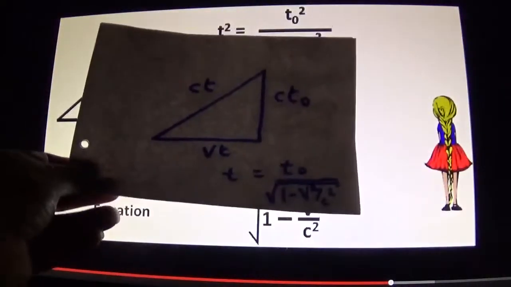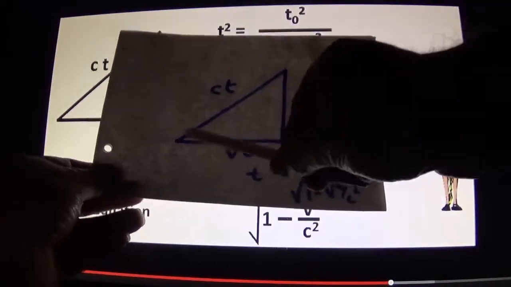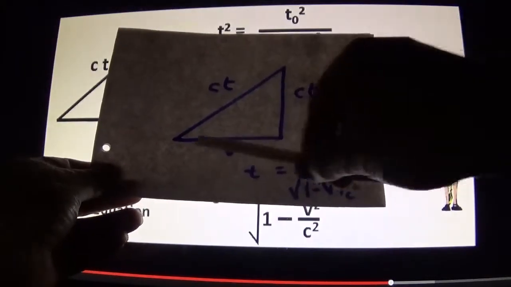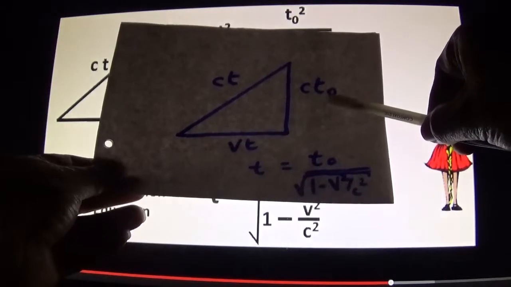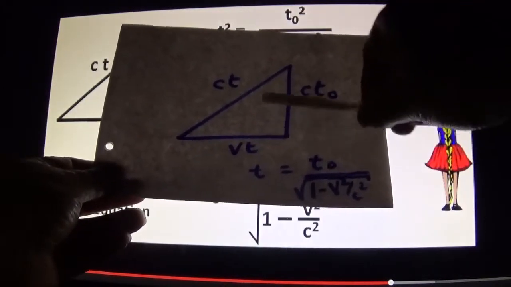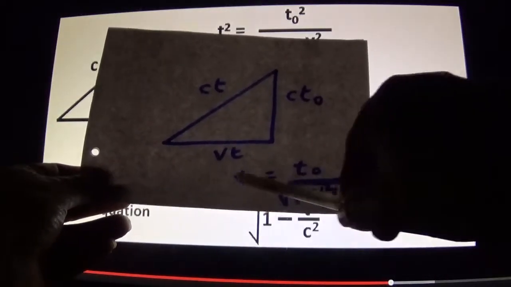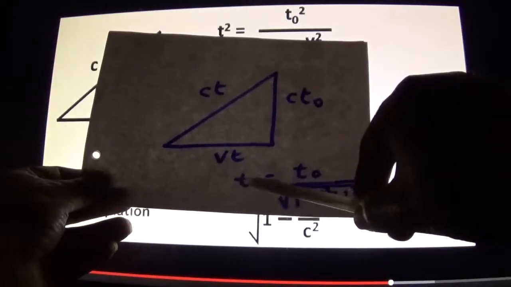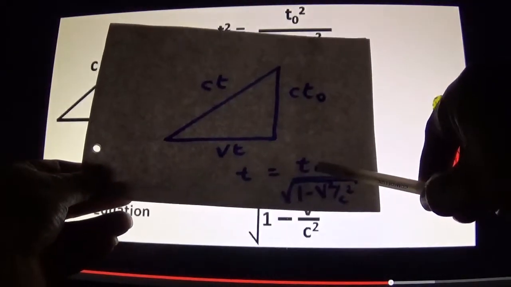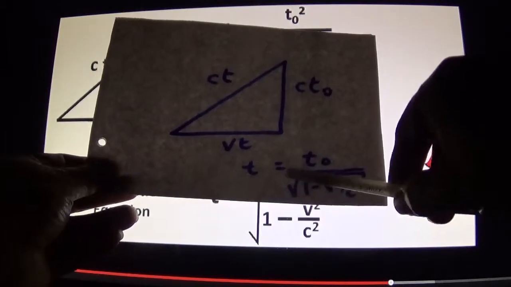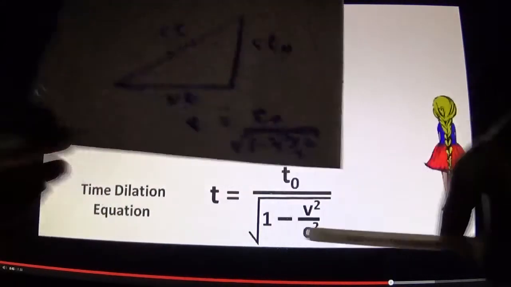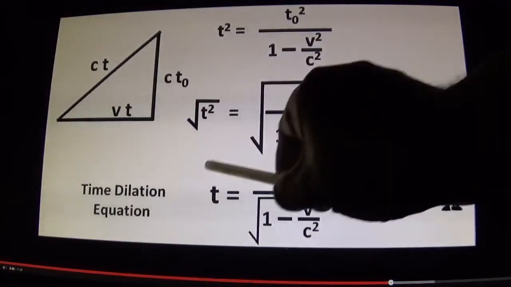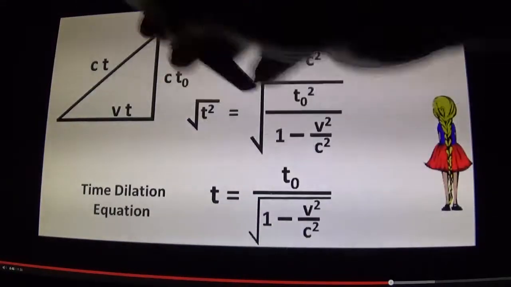You've got the distance there is CT, distance along there is VT, distance along there is CT0, and that's a right angle triangle. And then you've got the time dilation equation, T equals T0 divided by the square root of 1 minus V squared over C squared, and that's all there. That's the time dilation equation.